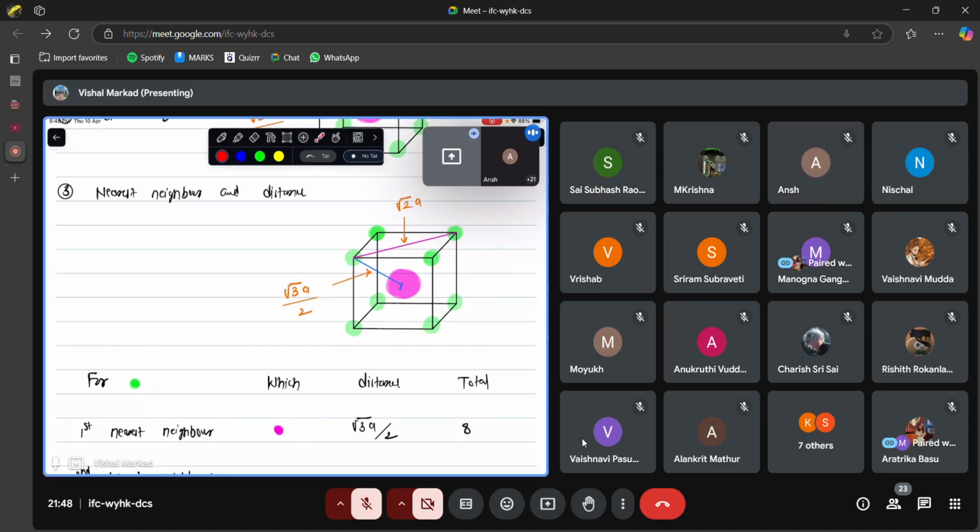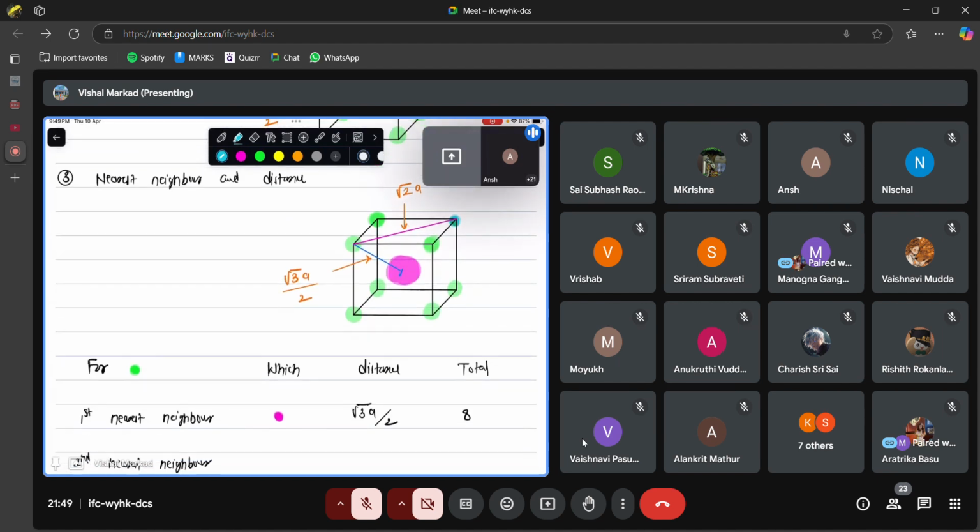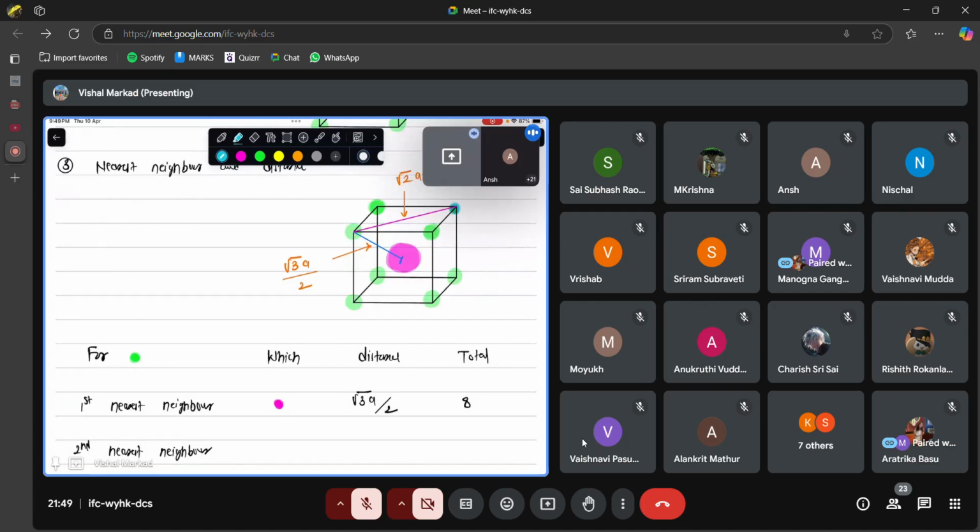Now look at here. There will be the other green atom. We are calculating with respect to this green. So to make it easy, we'll put another color here. Okay, this is now the second nearest.